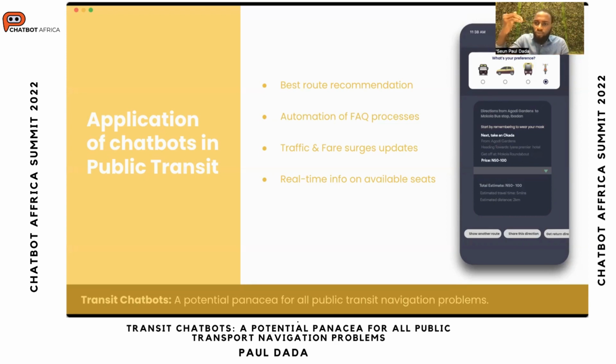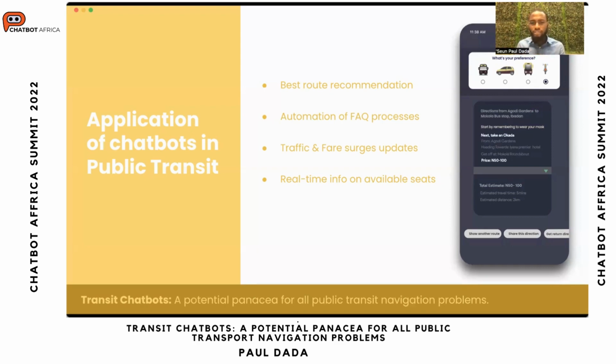What is the best route to take based on my own preference, be it duration, be it distance, be it fewer transfers, be it lowest fare, be it anything, basically. And this can also be made possible using a chatbot system.